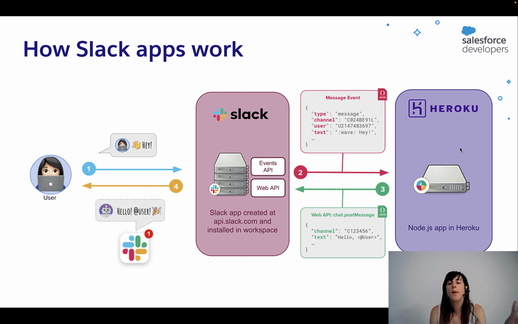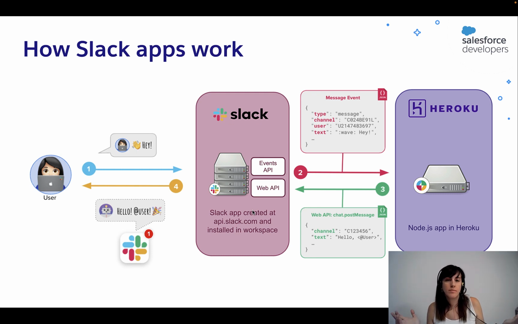Normally, what's going to happen is that in your client app, you're going to execute some logic. In our case, normally that logic is going to access Salesforce to bring some data or to create some data. And then we are going to perform some actions on Slack so that we inform the user that the action executed successfully.